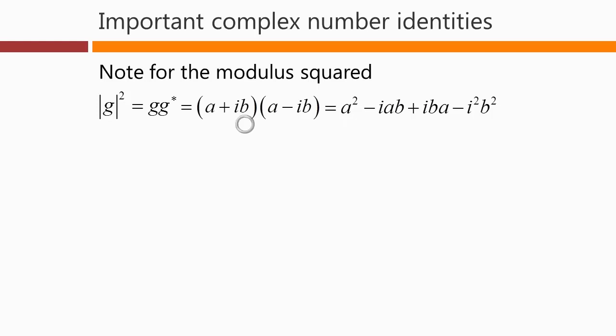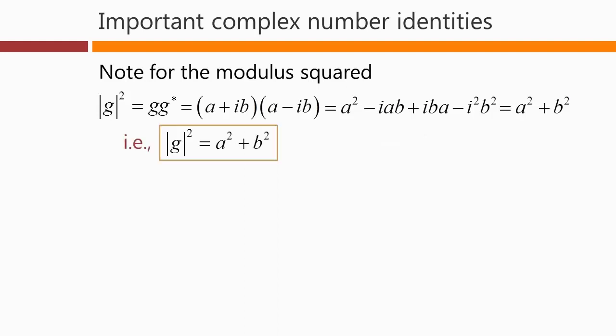The ib times the a gives us ib times a here. The a times minus ib gives us minus iab here. And the ib times the minus ib gives us minus i squared b squared. And of course, since these two terms in the middle cancel, we have a squared plus b squared.